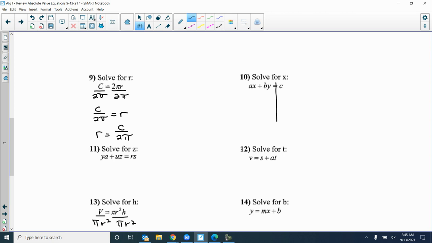Subtract BY. Yep, subtract BY. I don't know what any of these variables are, but I got to get that AX by itself first. So subtract BY, and that gives me AX equals C minus BY. Can't combine them. And then you're subtracting there, so keep it in that order.